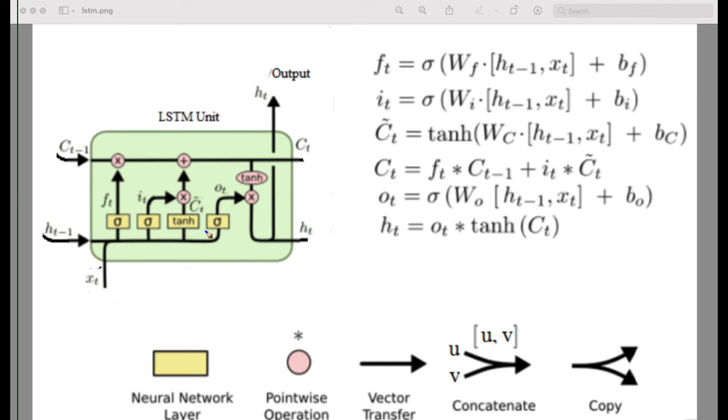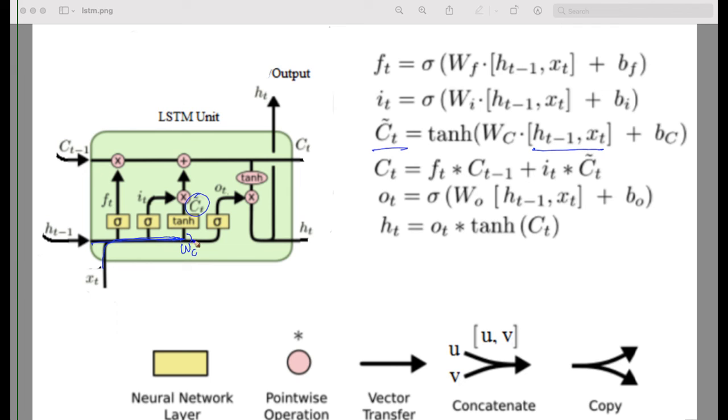Now, if we look at this CT tilde, again here the weight is WC. With this weight, we are multiplying this ht minus 1 comma xt, that concatenation is again coming here.